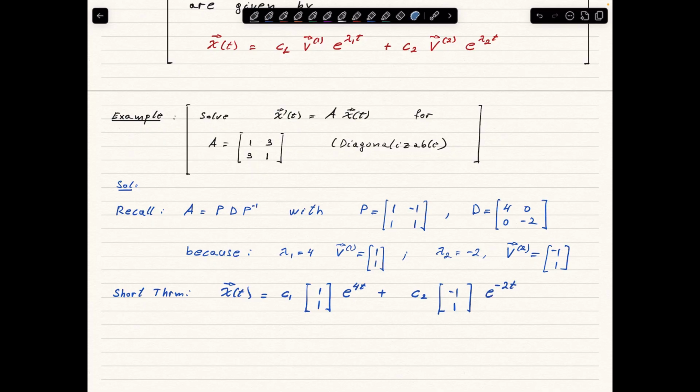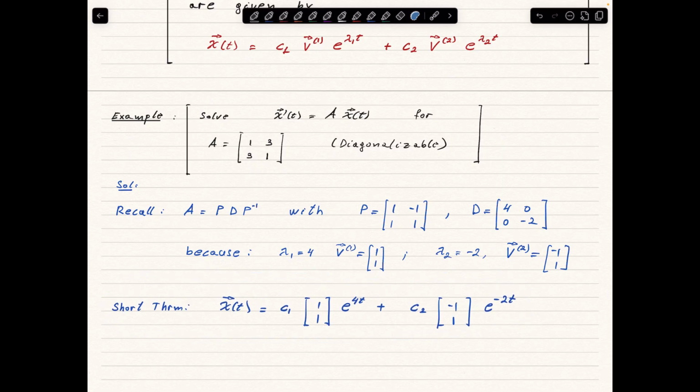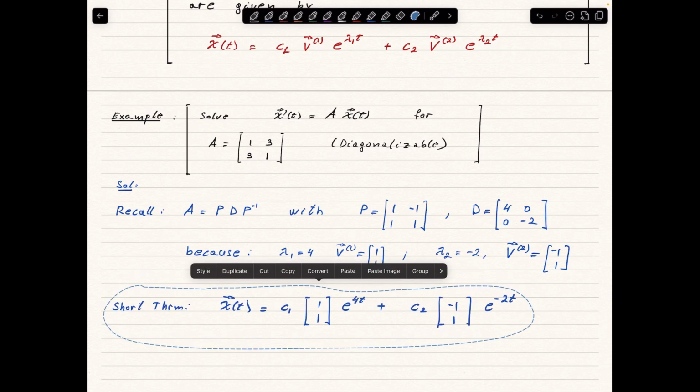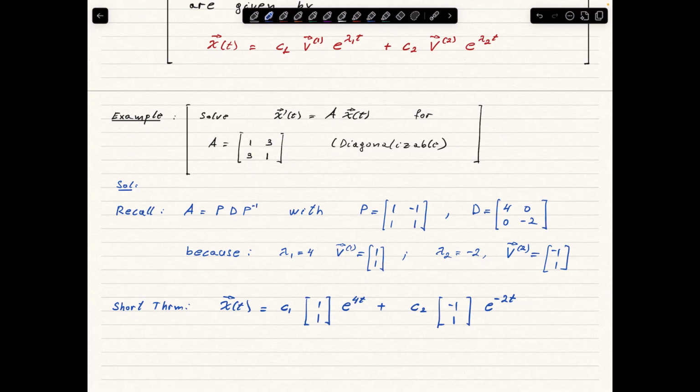It's a little bit cramped up. So that is what the short theorem is telling us. We already have the solution and we are done. That's it.